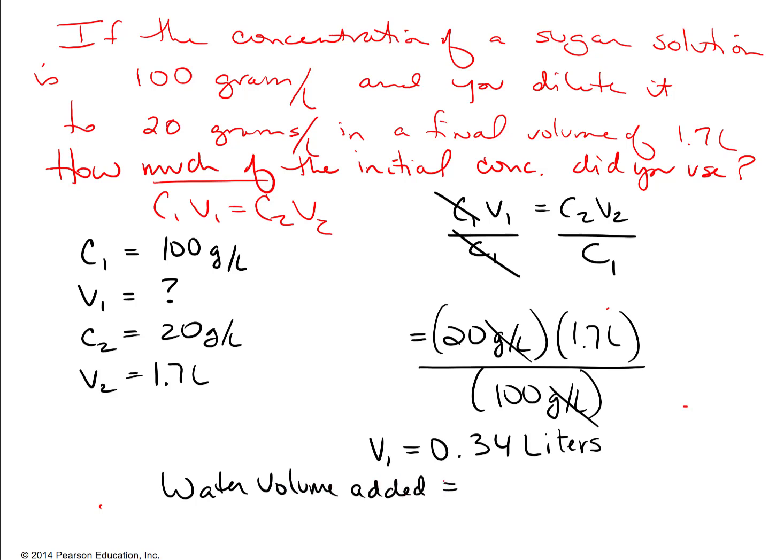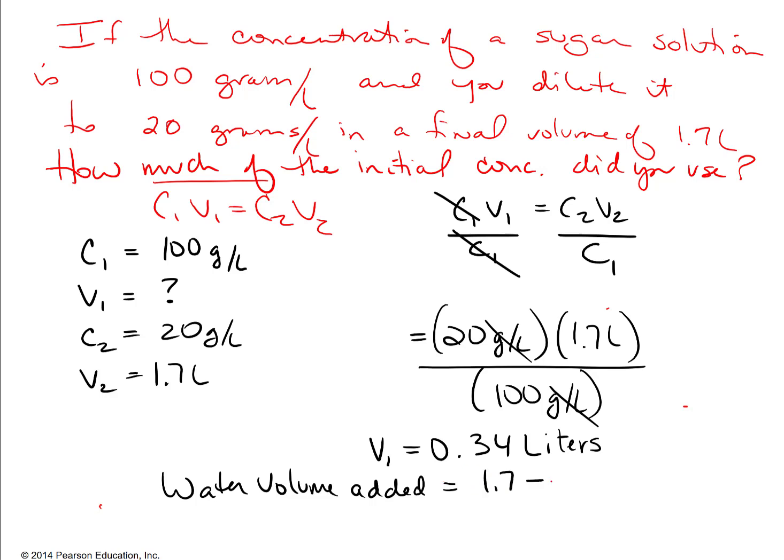If I know I'm going to use 0.34 liters, what's the total volume? 1.7. So what are you going to do? Just subtract. If you take the final volume minus the volume of the concentrated solution, that'll tell you exactly how much water you will add.